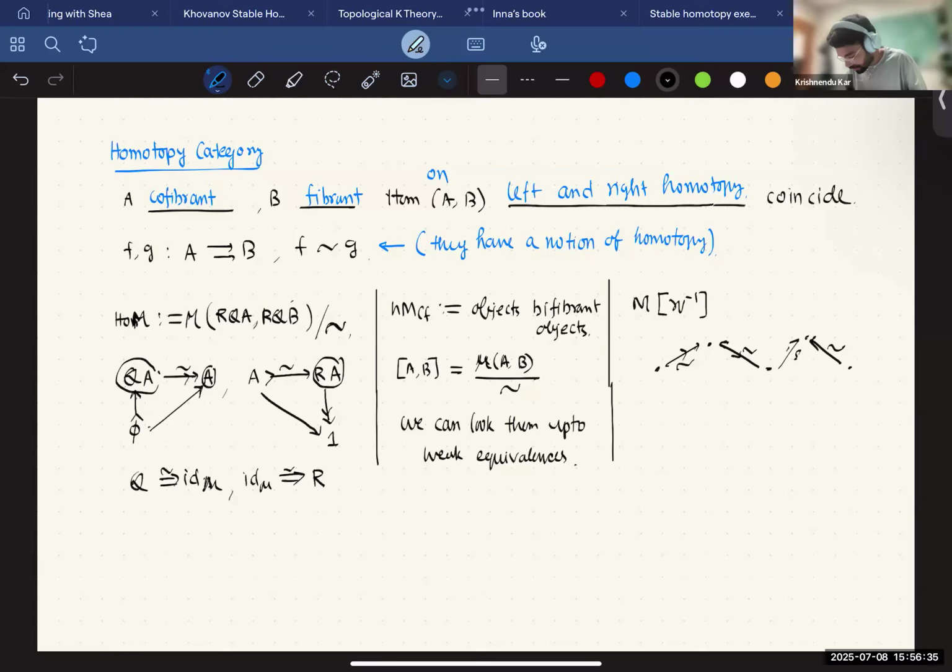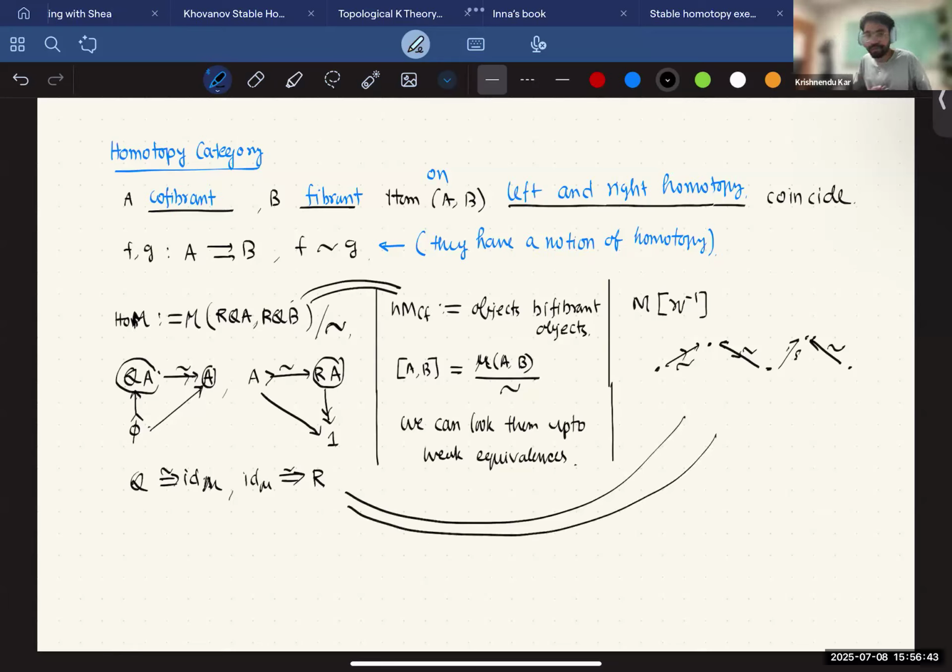It's actually easy to see these two are equivalent, and Quillen showed these two are equivalent. So that means all three are equivalent. So the popular notion of your homotopy category is this guy. That means I don't need to define left and right homotopy classes or anything like that to talk about the homotopy category.